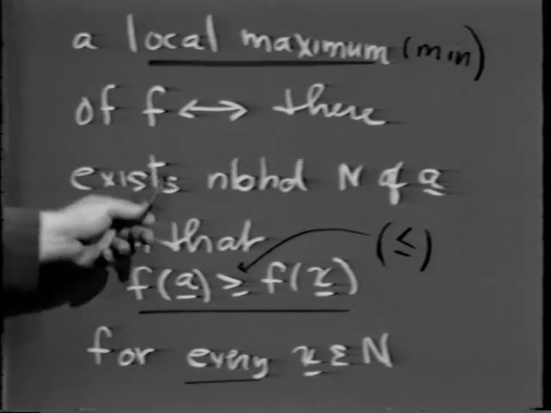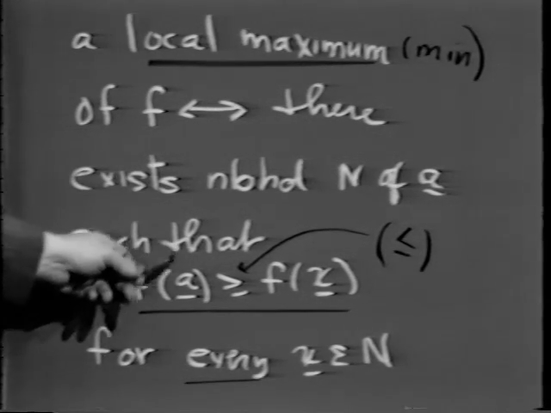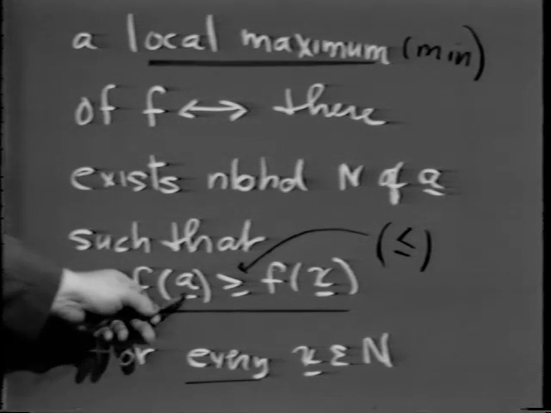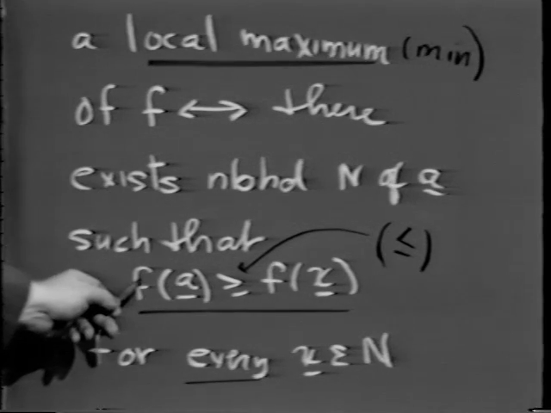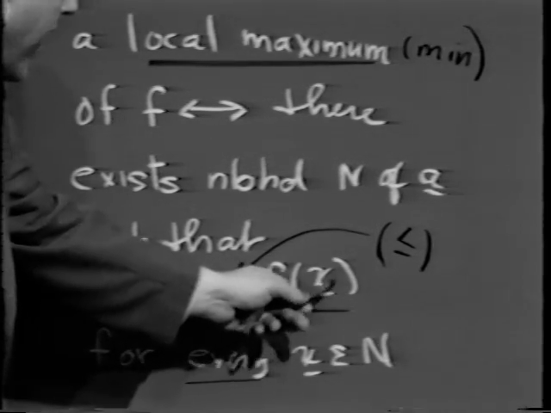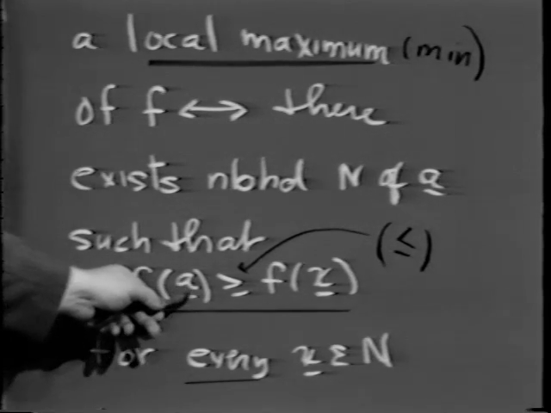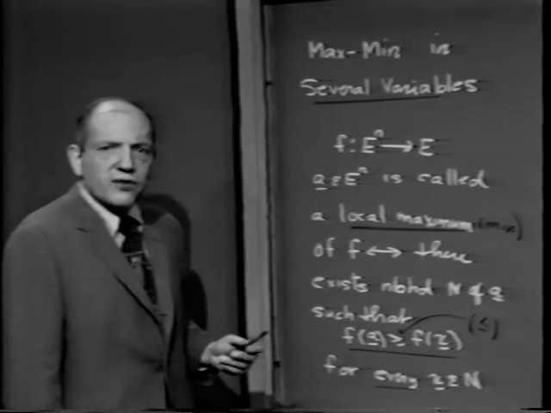In other words, what you mean by a local high point or low point is that in a neighborhood of the point in question, that output exceeds every other possible output in a sufficiently small neighborhood, and then we say that that particular input is the local maximum, and a similar definition holds for local minimum.